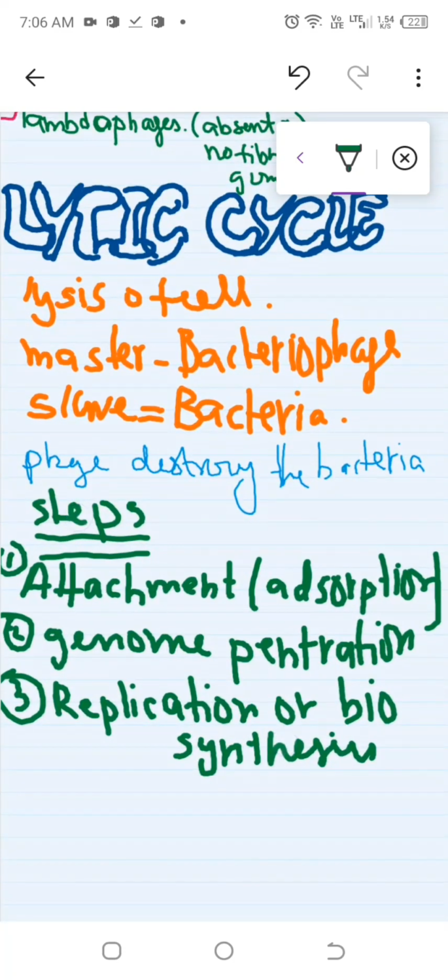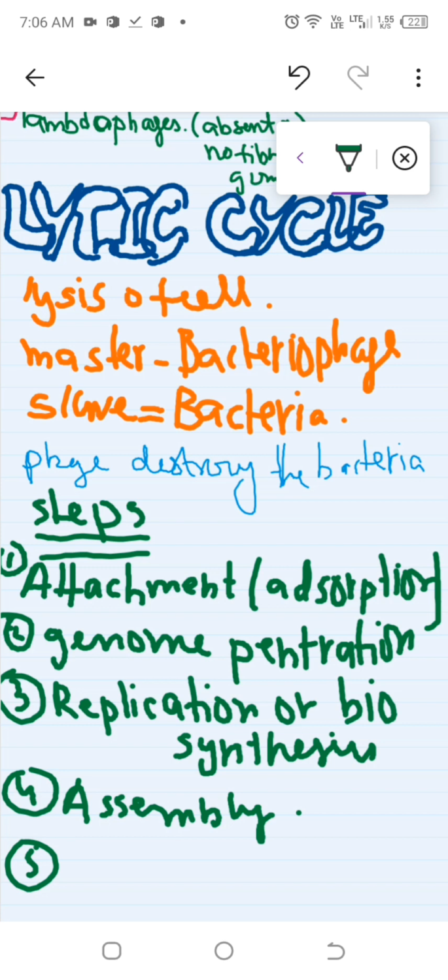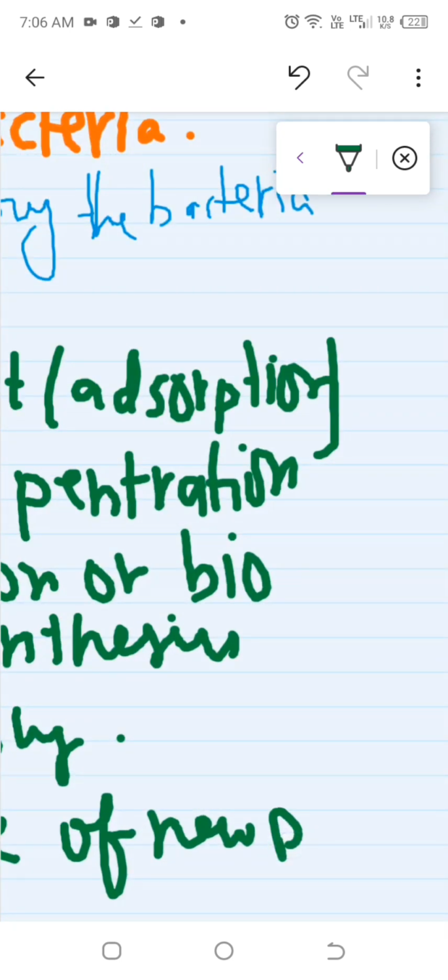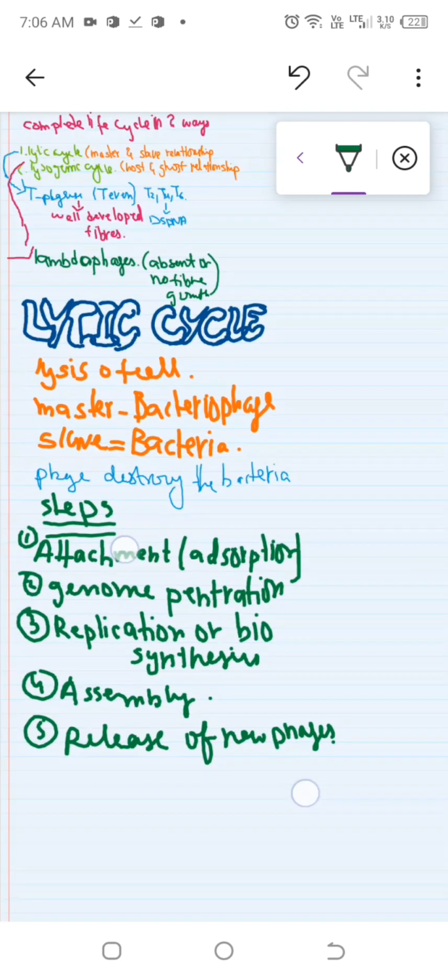The fourth is assembly. The last is the release of new phages.